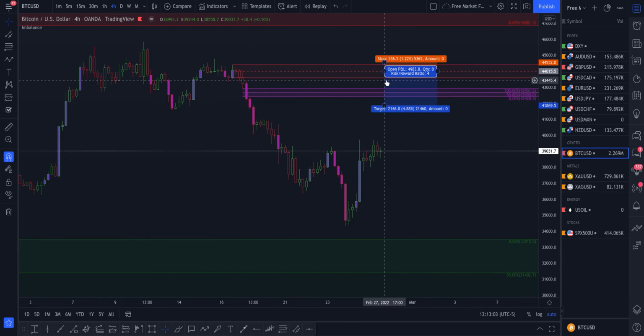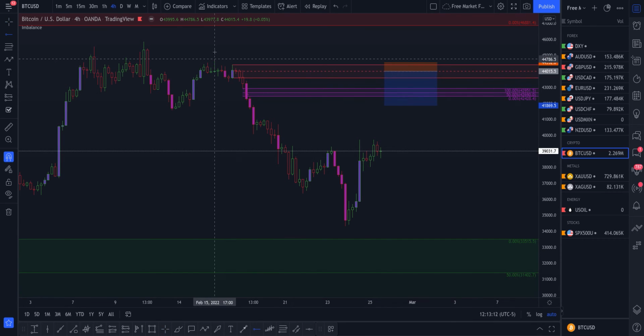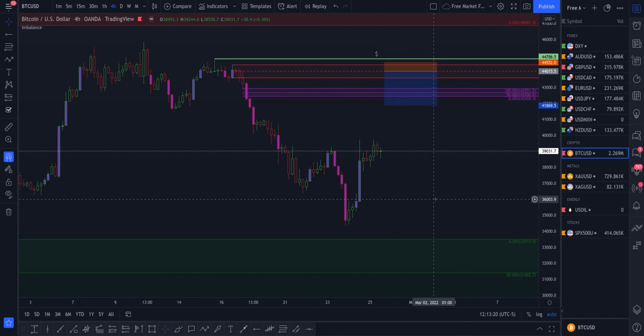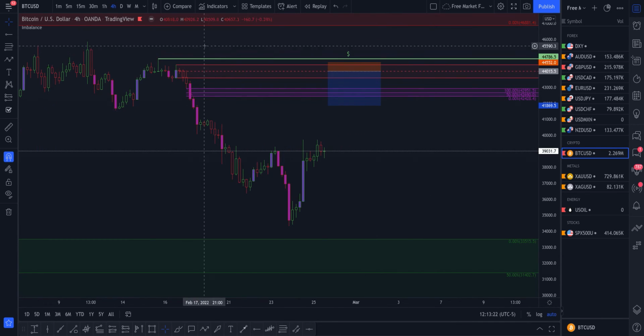So it could definitely invalidate this zone, take this liquidity here, and then push down again. All right. I'm not even gonna say price is funny like that, but the quote-unquote market makers are funny like that. All right. Taking out those stops and then pushing down.